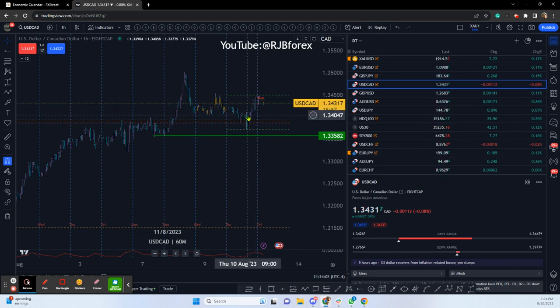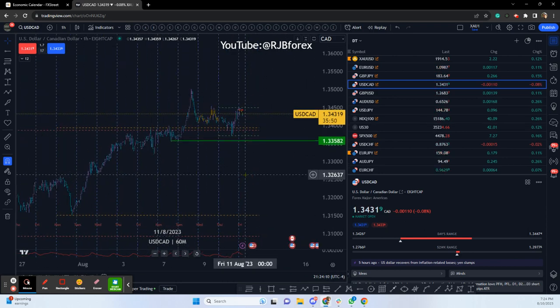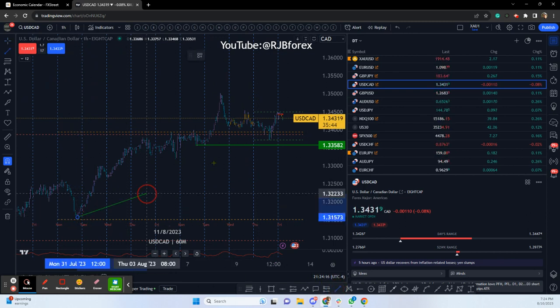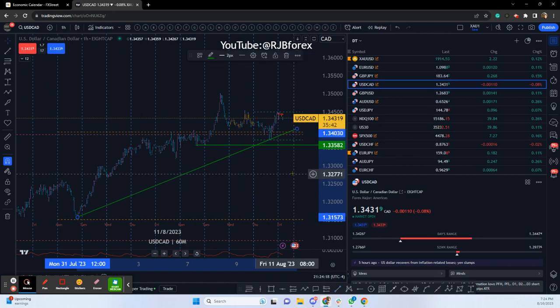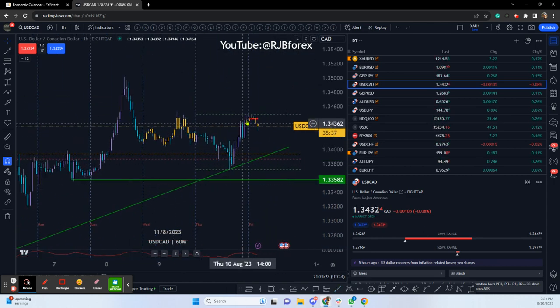So day 3 turns to day 1, day 2. So day 2 could be a continuation in line with the dollar strength thesis. So we've got a bullish trend still intact. So what we could see pan out is a correction and then a continuation.